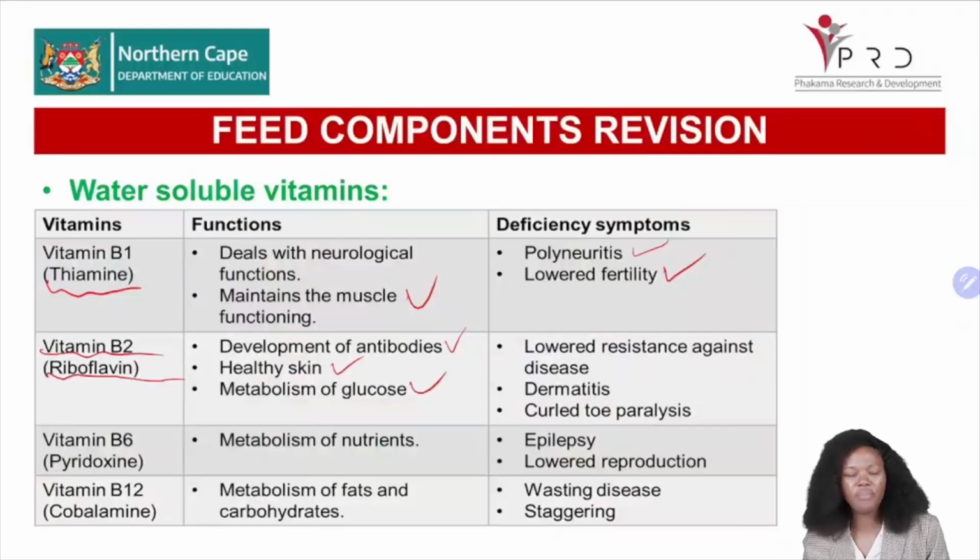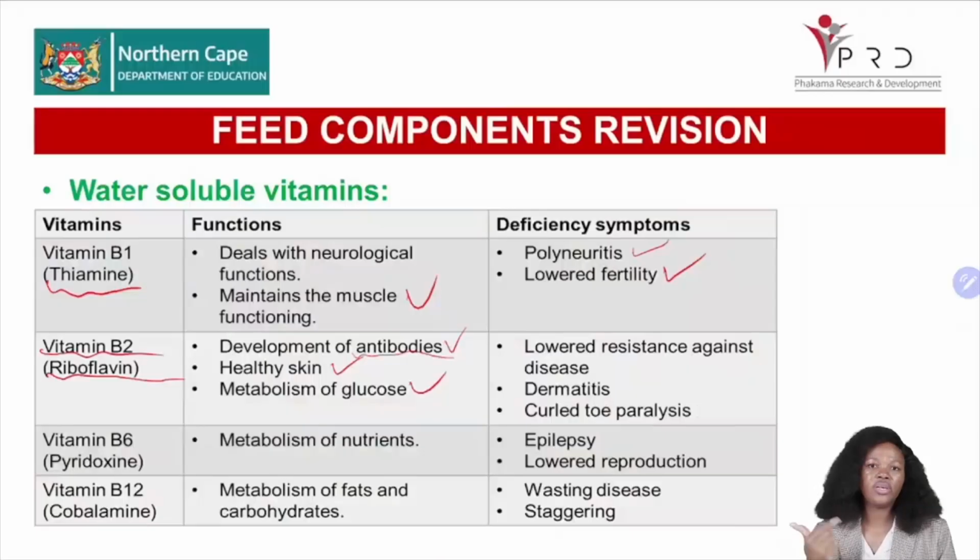It also deals with the metabolism of glucose, how glucose is digested, absorbed, and assimilated in the body, right? The deficiency symptom would be lowered resistance against diseases. Remember, once there is no vitamin B2, there will be no development of antibodies. As a result, the immune system will be weak. It will not be able to stand against diseases or be resistant against diseases, right?